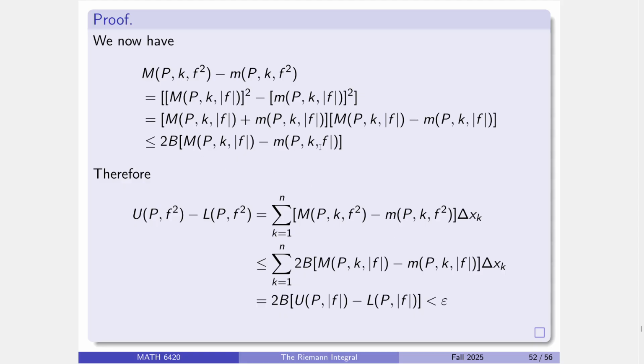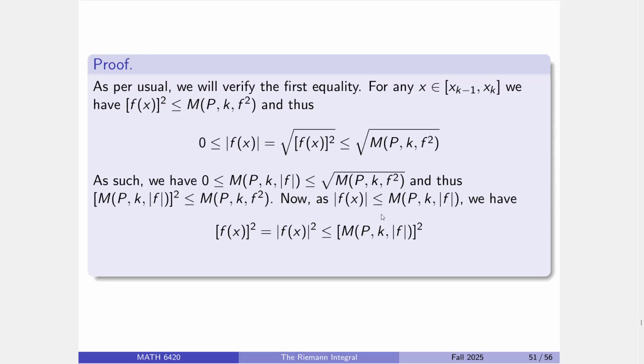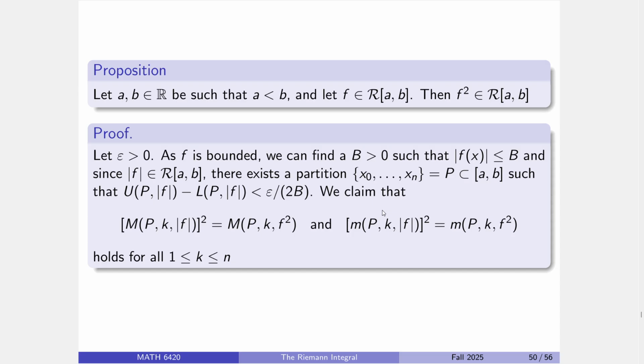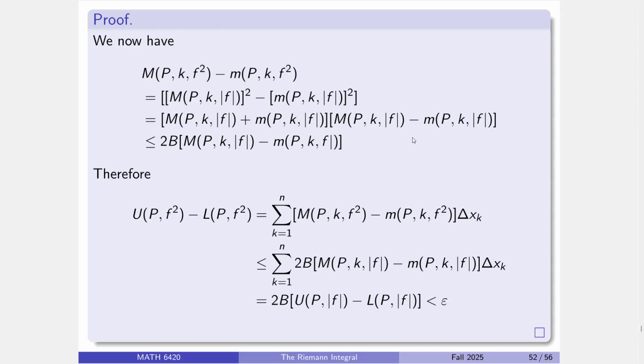And note that we had one of these, and then this here was rigged to be less than or equal to 2 times b. That was coming from just being less than or equal to. Yeah, so each one of these is bounded above by b.